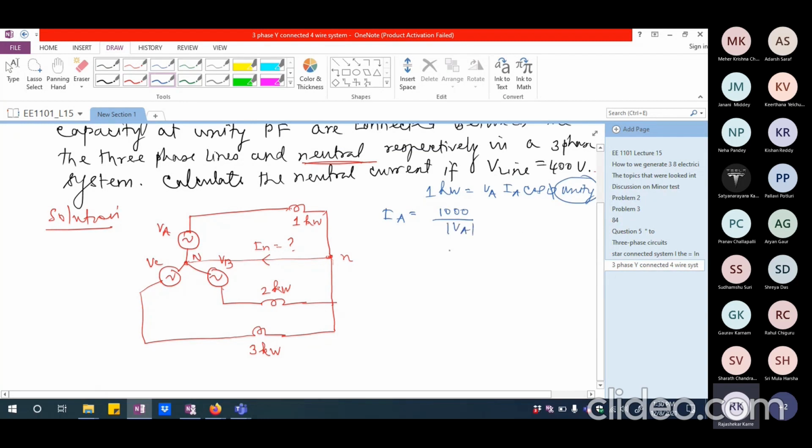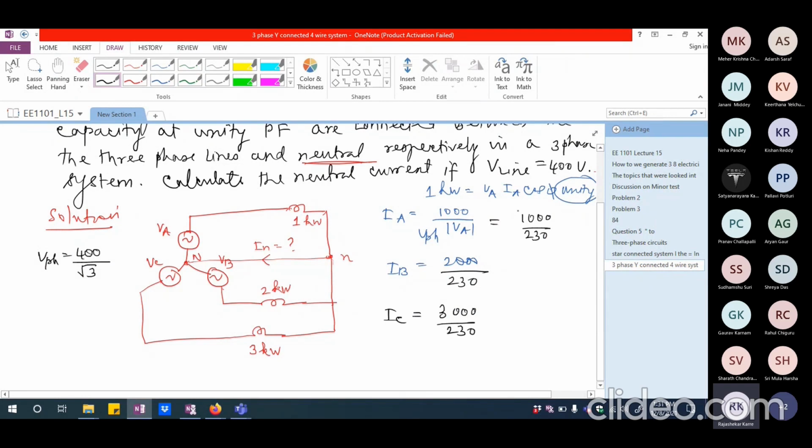Similarly, IB has to be 2000 divided by VA magnitude, that is V phase. And V phase, I can write that as 400 divided by root 3. So I can write this as 1000 divided by 230, this is 2000 divided by 230, and IC is going to be 3000 divided by 230.